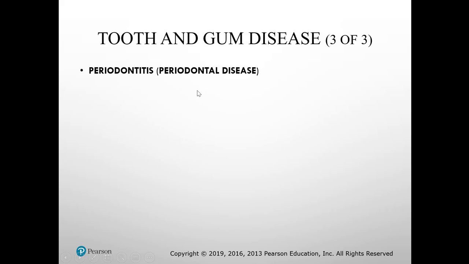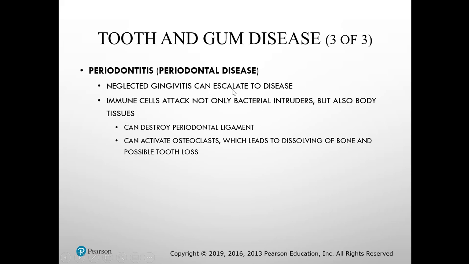Then you have periodontitis, a periodontal disease. This is common among seniors, because of old age. Neglected gingivitis can escalate to this disease. This is when immune cells attack not only bacterial intruders but also the body's tissues, and this can eventually destroy periodontal ligaments. They activate the osteoclasts, which leads to dissolving of the bone and possible tooth loss.